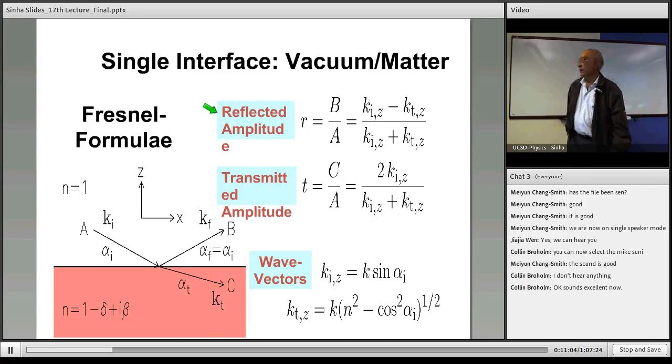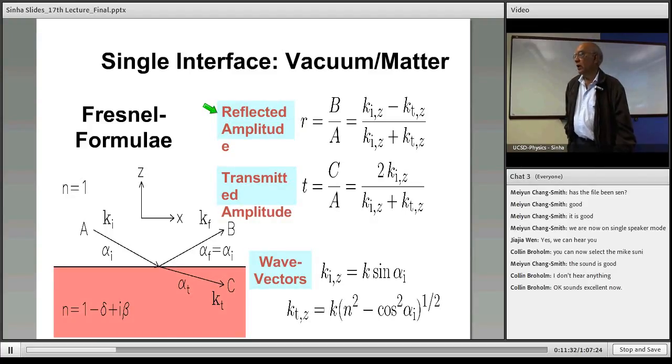Now, the kiz is, of course, the magnitude of k times the sine of the grazing angle of incidence. And because of the two conditions, one has to note, first of all, that the component of k parallel to the surface is always conserved on both sides. So that arises from the fact that the wave function has to be continuous.